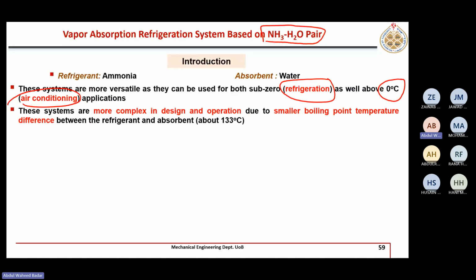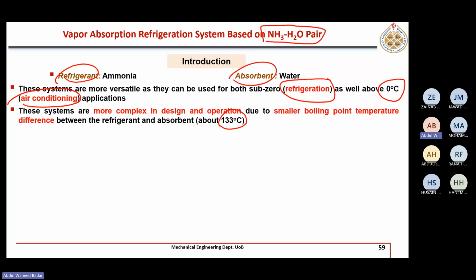These systems are much more complex compared to the water lithium bromide system. And one of the major issues with these systems is that the boiling point difference between the refrigerant and absorbent is very low. It's only 133, but in the case of the water lithium bromide system, this temperature difference was around 200 degrees Celsius or more.